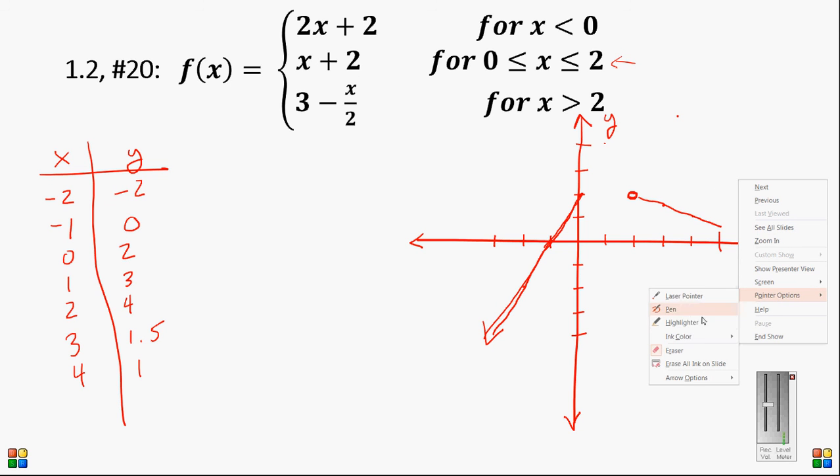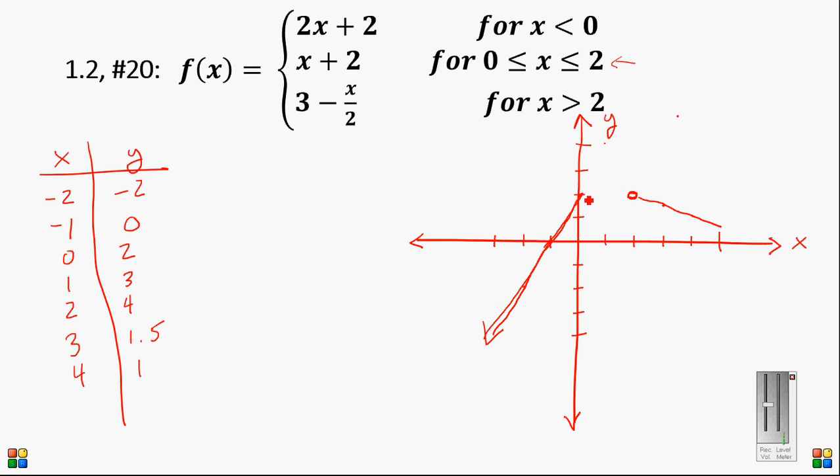All right, there we go. There's my pen again. And at 2, I was at 4, which is right here. And at 1, I was at 3, which is right here. So again, it goes off this direction, goes to a filled in dot, and then this dot goes this way.